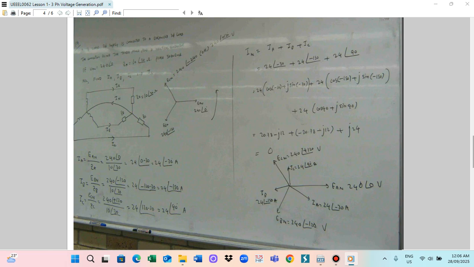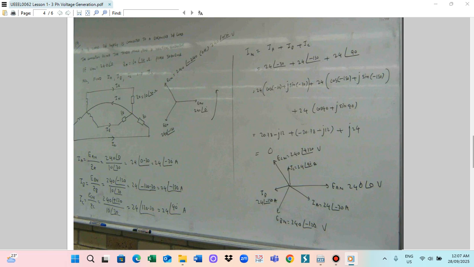Now we want to find the VAB. The VAB formula is VAN minus VBN. So VAN is the same, we don't change it, minus VBN.